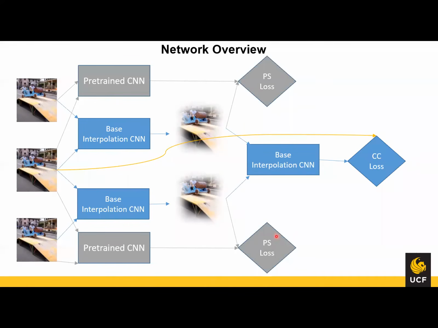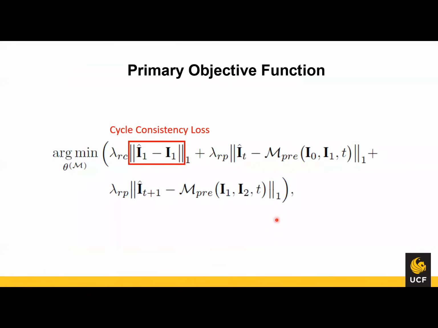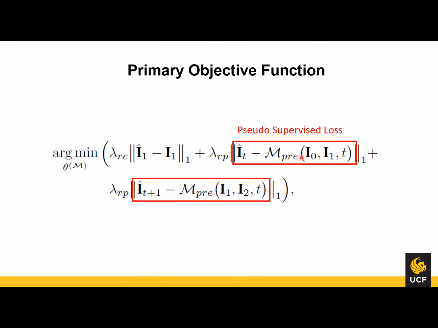And we're also using two pseudo consistency losses. So here's our primary objective function. As you can see, we're using the cycle consistency loss, and it's parameterized by both I hat, which is the generated center frame, and the ground truth center frame. We're also using the pseudo supervised loss, as you saw in the previous slide.